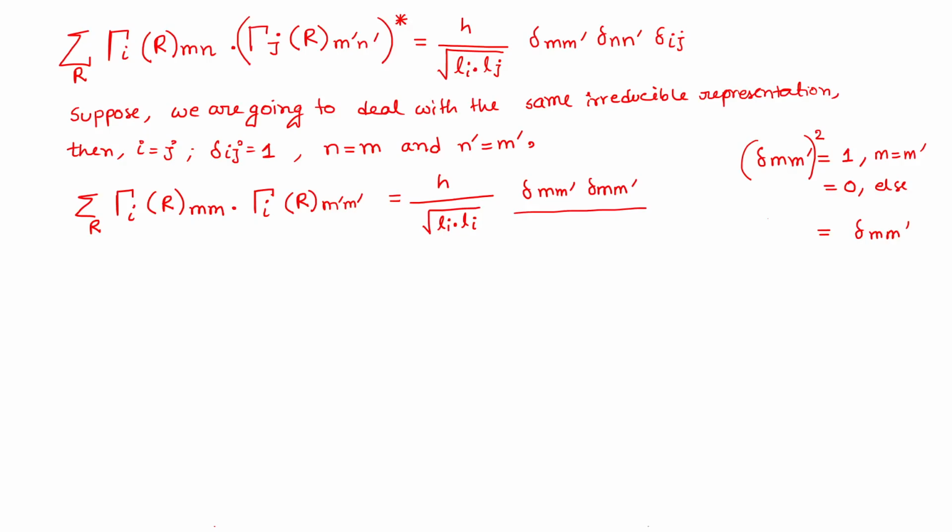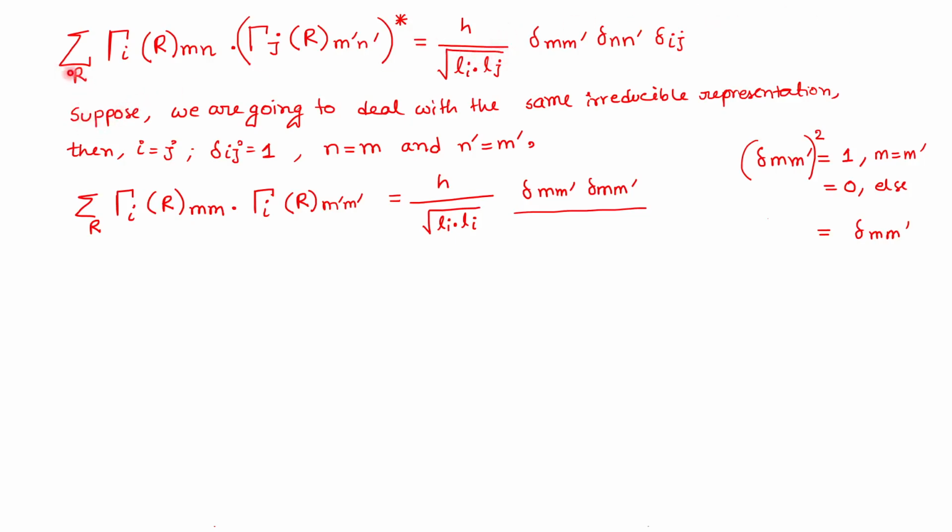So I am going to show you the derivation, how you are getting that from this matrix element, how you can go up to that particular axiom. So the first line is just the same great orthogonality theorem, right? Gamma i Rmn gamma j Rm dash n dash is equal to this.